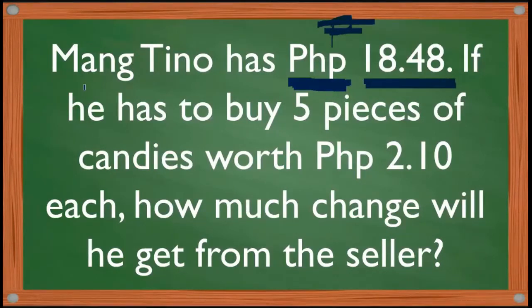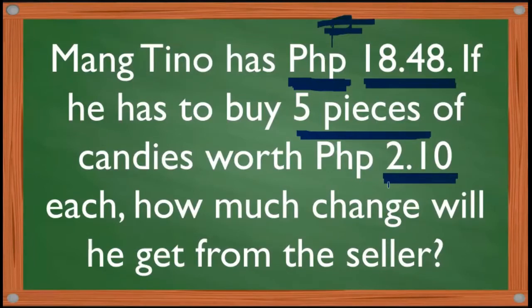If he has to buy 5 pieces of candies, 5 pieces of candies worth 2 pesos and 10 cents. Tignan nyo ang mga ina-underline ko. 2 pesos and 10 cents bawat isa.